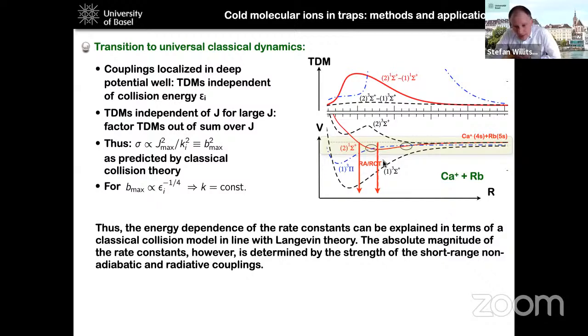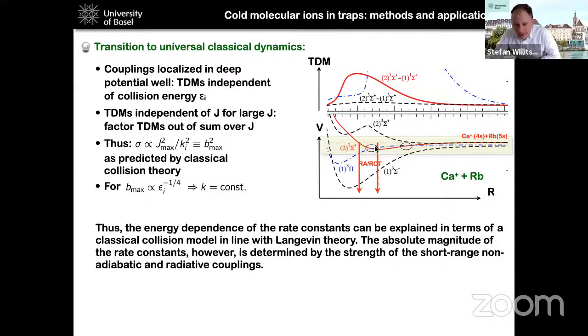Now, you realize that in the region where these transition dipole moments are large, we are already deep in the potential well associated with our entrance channel. This can't be seen here on this scale, but the well depth here is on the order of 1000 Kelvin.